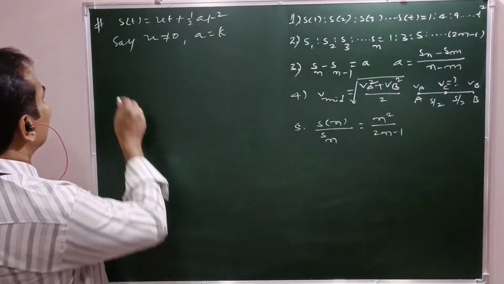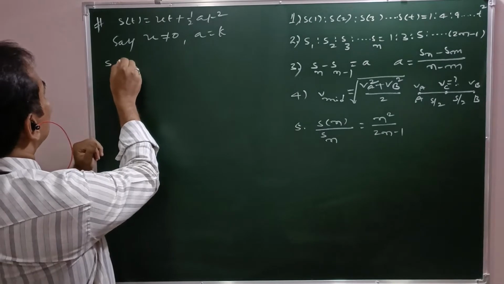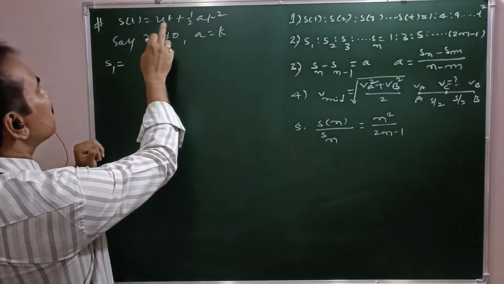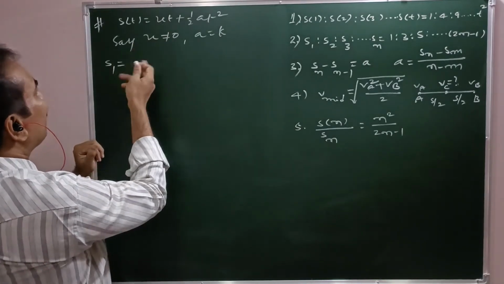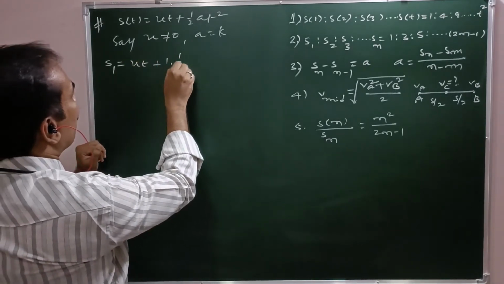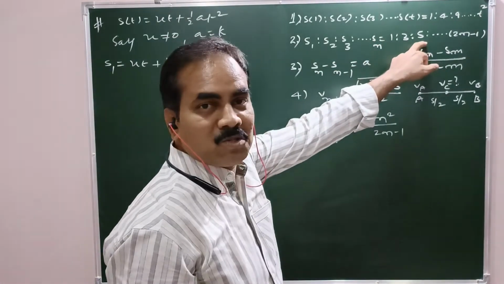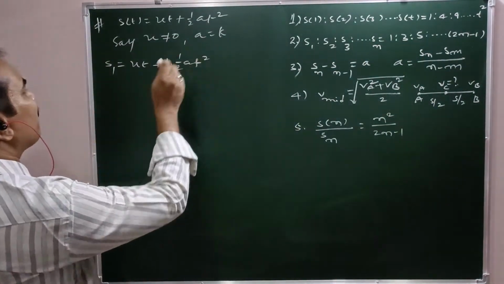For example, in first t seconds, what is the distance covered? Let it be s1. S1 equal to ut plus 1/2 of at square, since u is not equal to 0 and that should definitely be there in the expression. See, 1:3:5 and so on, so 1/2 of at square.